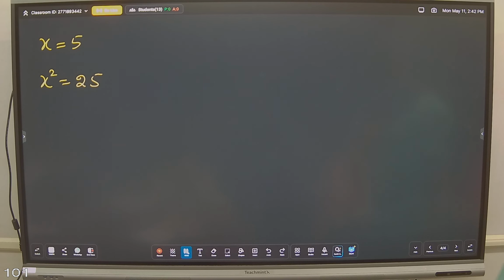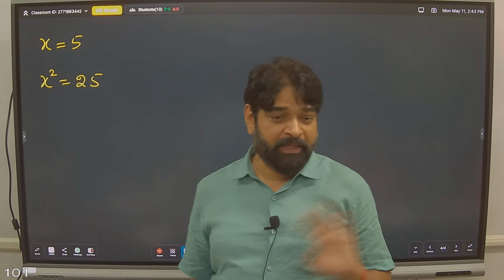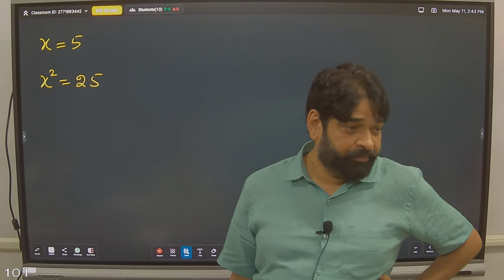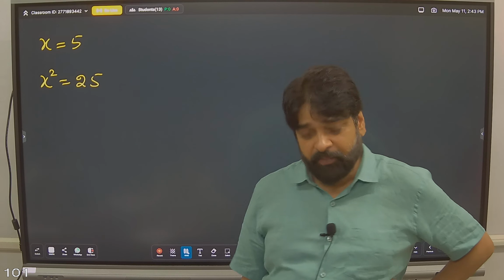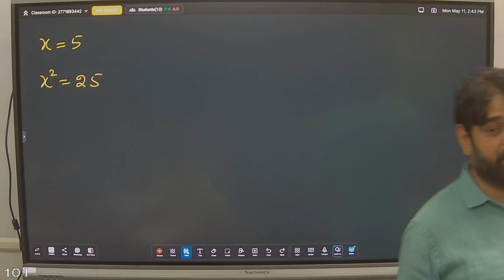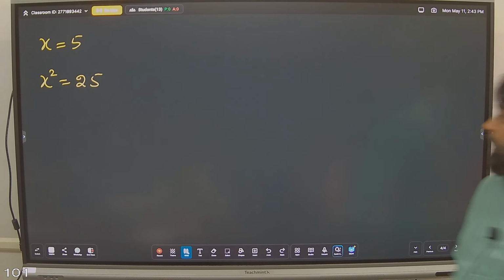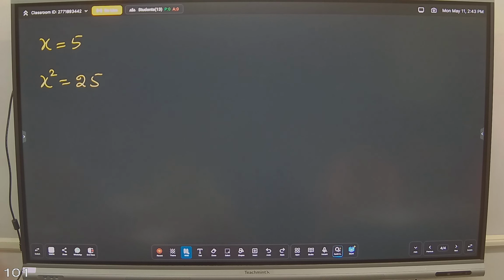It means in mathematics if you square, you will get something extra. It's not the same statement. Squaring is not allowed in mathematics. But we do square it, and we know the result of that also. If you square, some extra answer will come. Like here, a linear equation was there. I squared it and I got the quadratic equation.